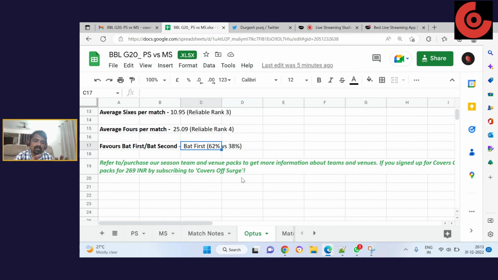These are all numbers that individually don't have a telling impact. When you combine all of these together, only then you'll get a real picture. For example, if 62% of teams winning batting first have a good chance of winning, it doesn't mean whatever team bats first will start winning the game.